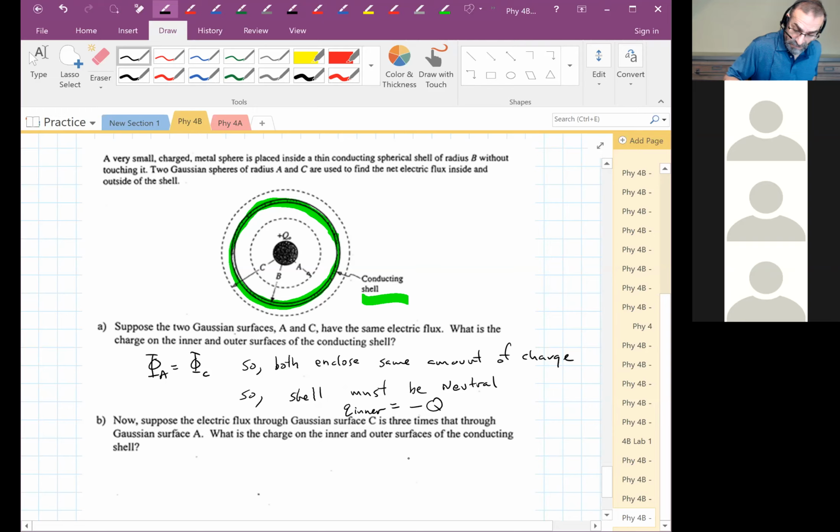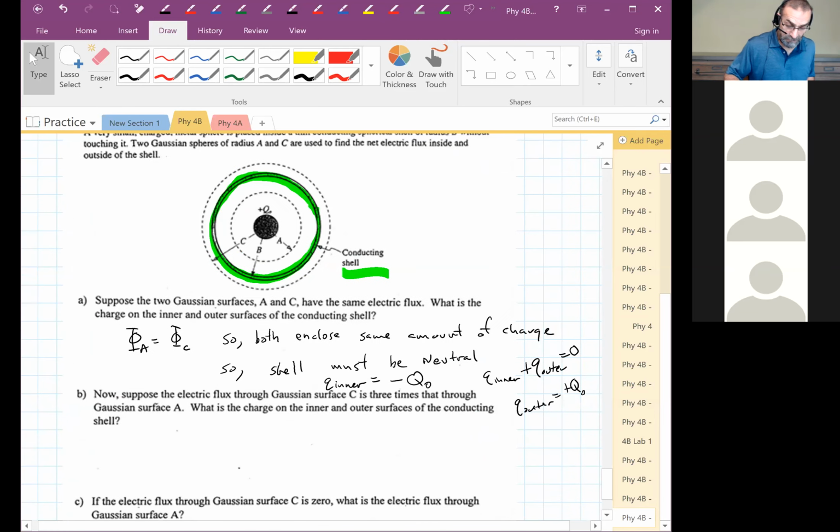The inner surface is always equal in magnitude to what's inside the cavity, but opposite in sign. So minus capital Q. And if Q inner plus Q outer has to add to 0, then Q outer has to be plus Q. I guess they put a Q naught there.